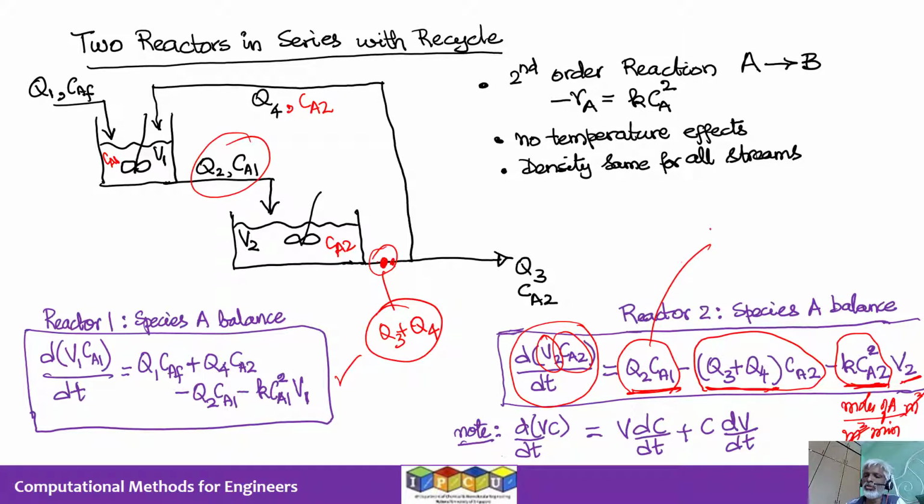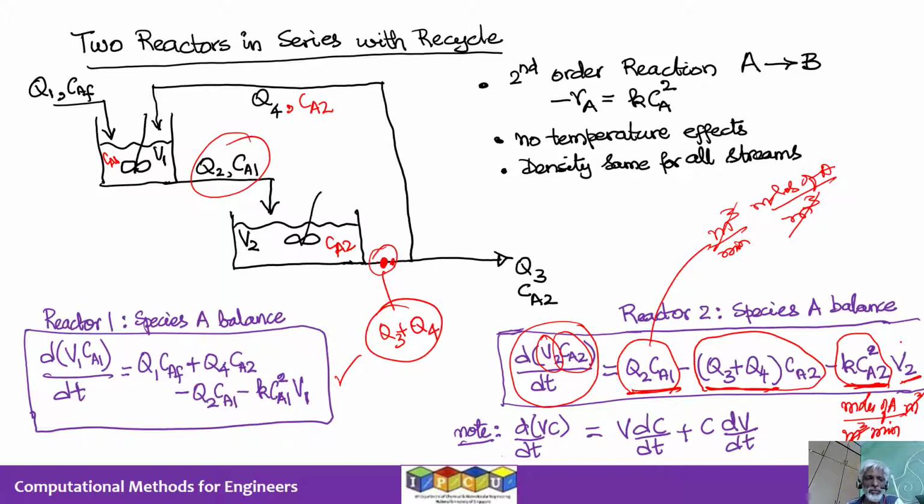Each of the terms on the right hand side, for example Q2 CA1, Q2 is going to be in meter cube per minute. CA1 is going to be in moles of A per meter cube. So if you multiply the two, meter cube and meter cube cancel, leaving you with moles of A per minute. You can verify that all the terms on the right hand side as well as on the left hand side will have units of moles of A per minute. Therefore, it is fantastic.